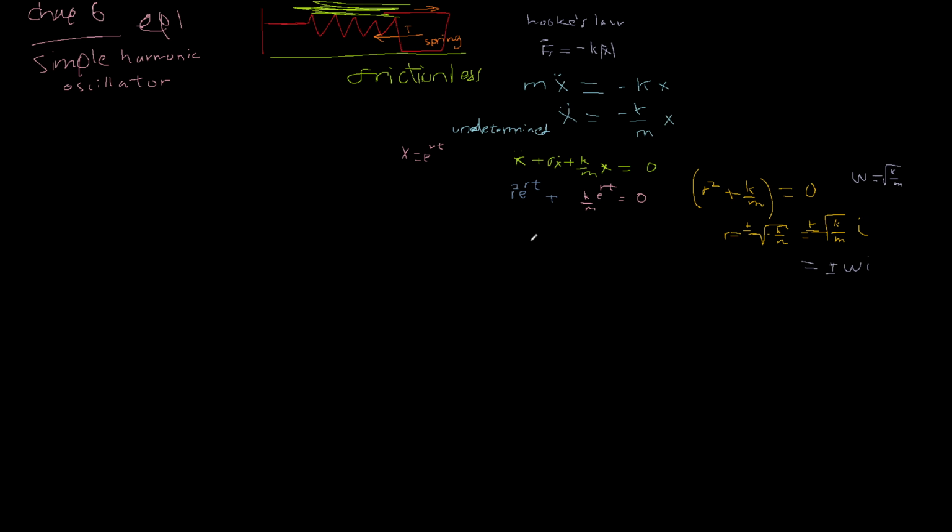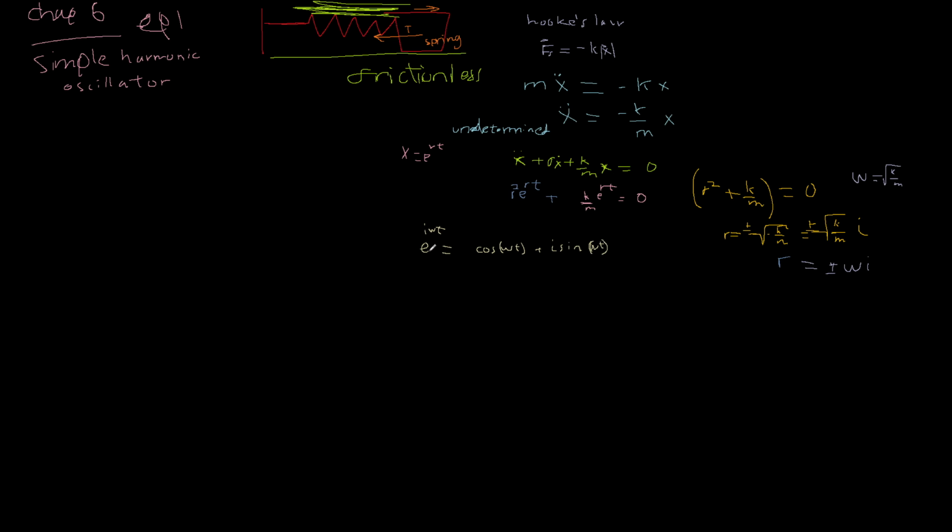So if you remember what happens when we solve these, those are our roots. We can use the Euler identity, e to the power of i omega t is equal to cosine omega t plus i sine omega t.